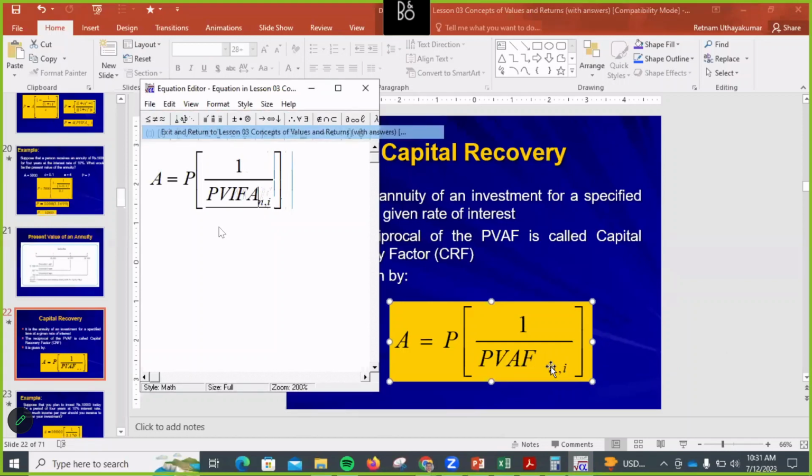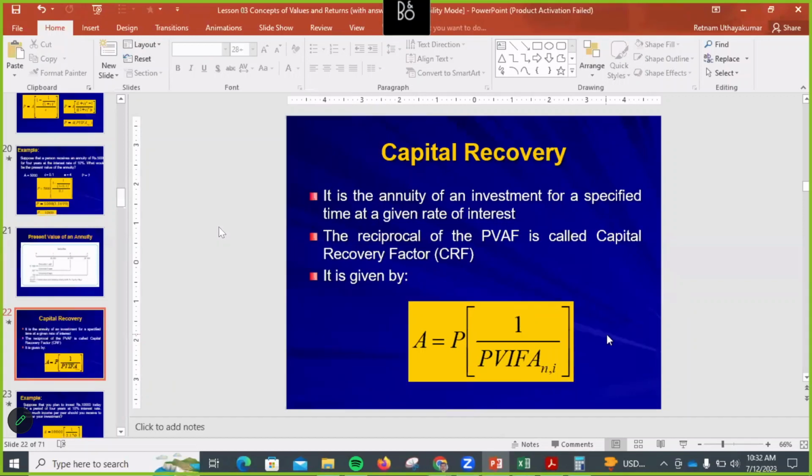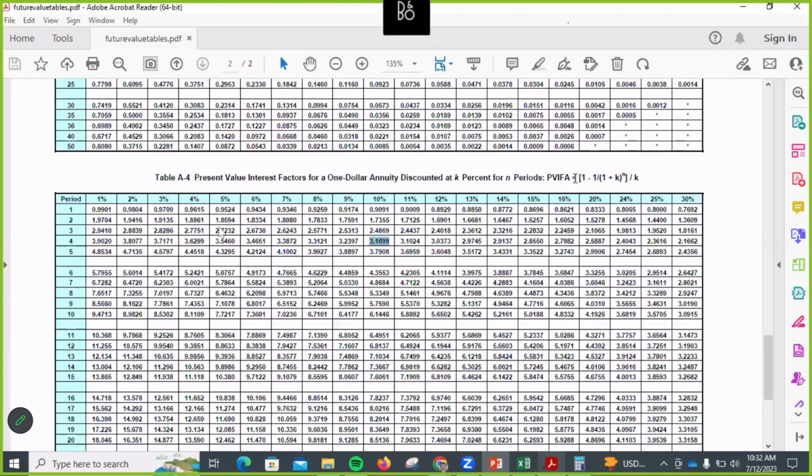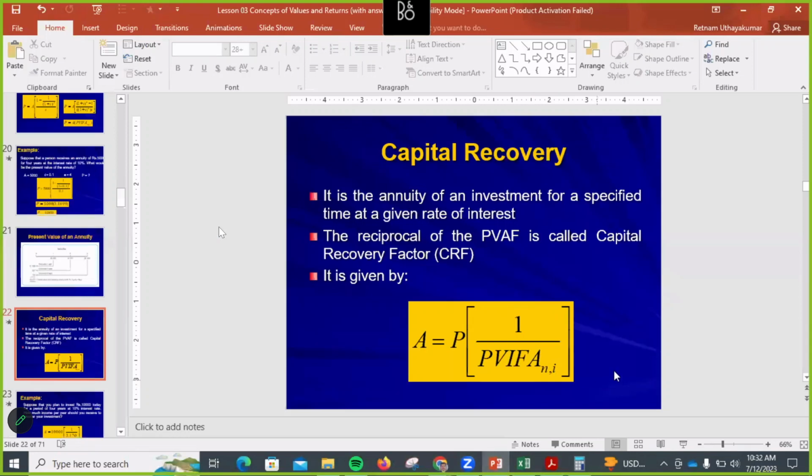Present value interest factor for annuity, as we have seen here. So 1 over that, A is taken as the subject and P is rearranged. So it is like finding the annuity for that capital.